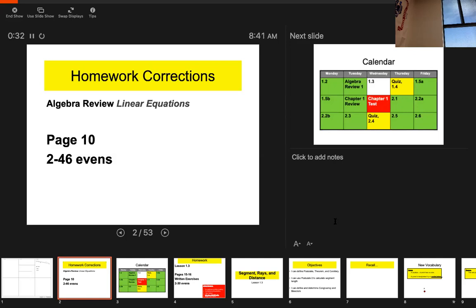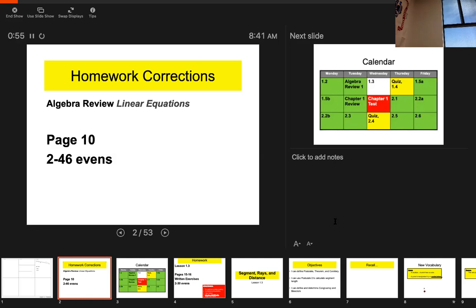Go ahead. All right, and I already know you graded your paper yesterday. Here we go. Number 2, c equals 5. Number 4, z equals -6. Number 6, x equals 7. Number 8, x equals -5. Number 10, a equals 6.